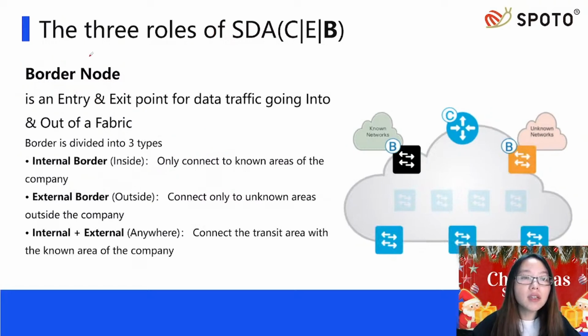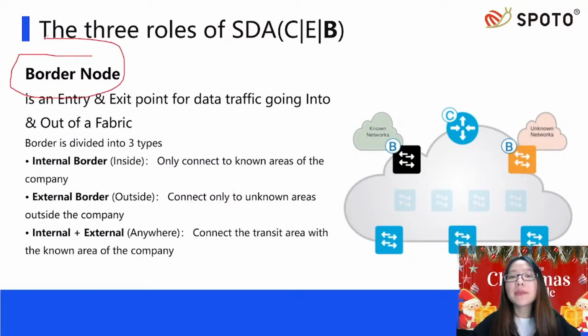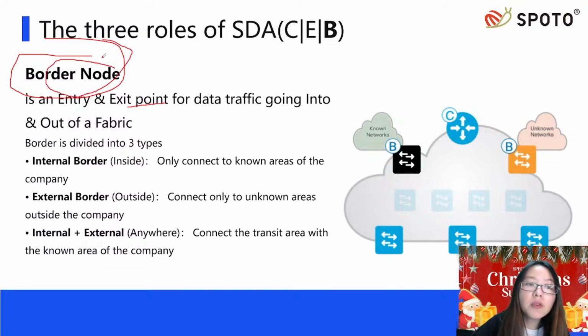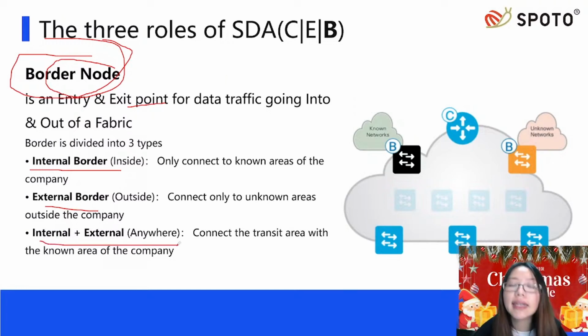So what's the border node? The border node is the entry and exit point for data traffic going into and out of a fabric. The border has three types: internal border, external border, and internal and external border.